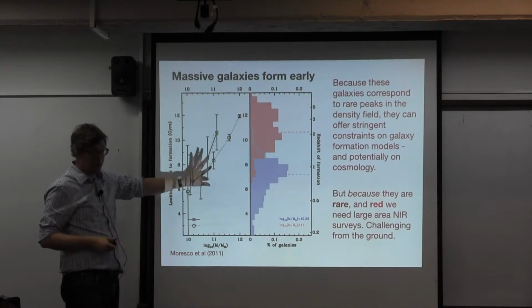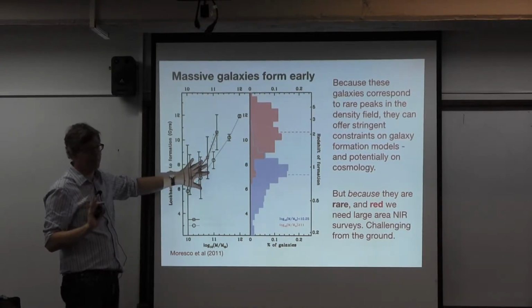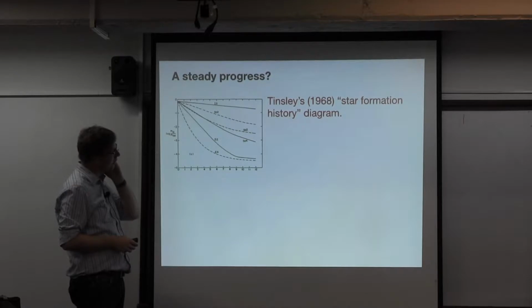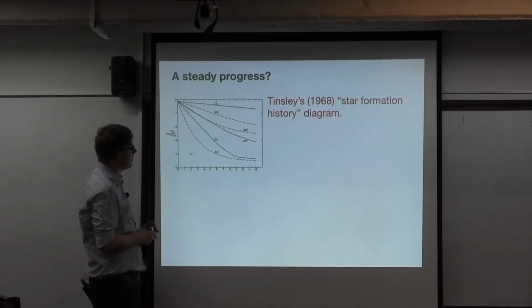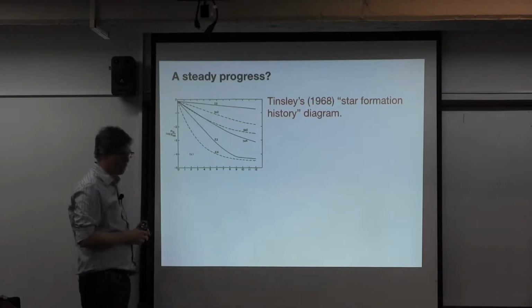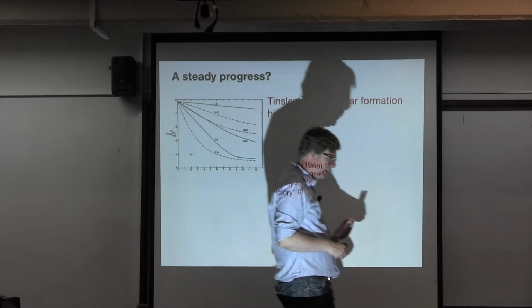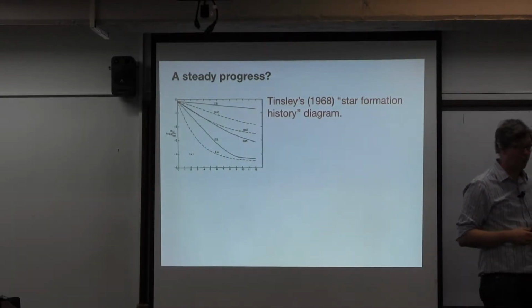So you say, okay, a lot of this progress has happened in the last about 10 years. But if you go back quite a long time ago, there's a famous astronomer who died, unfortunately, way too early, Beatrice Tinsley. She was the first person to really develop the idea of how the stars in galaxies formed.